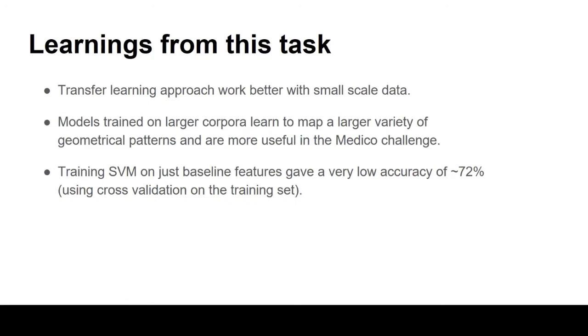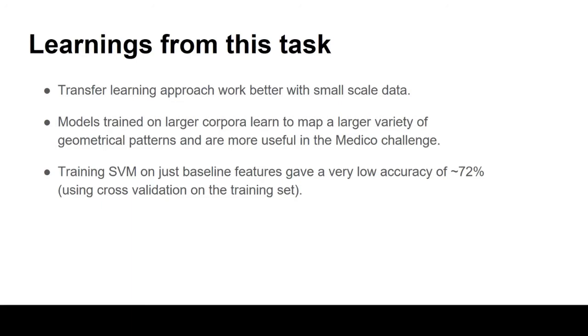Coming to what we learned from this task is that, first of all, it could be really helpful for tasks with small scale data to use transfer learning, because there are a lot of strong models trained on very large amounts of data, and then they could be useful in training models.